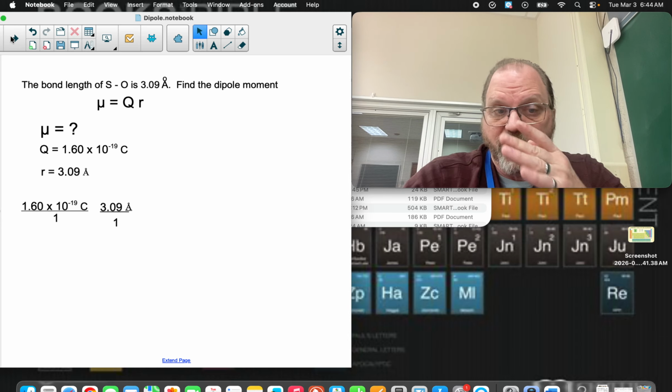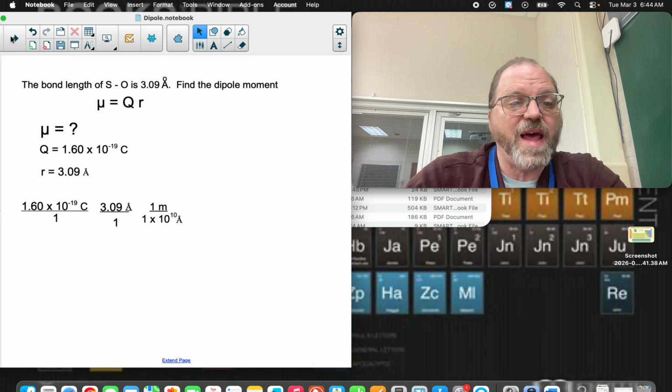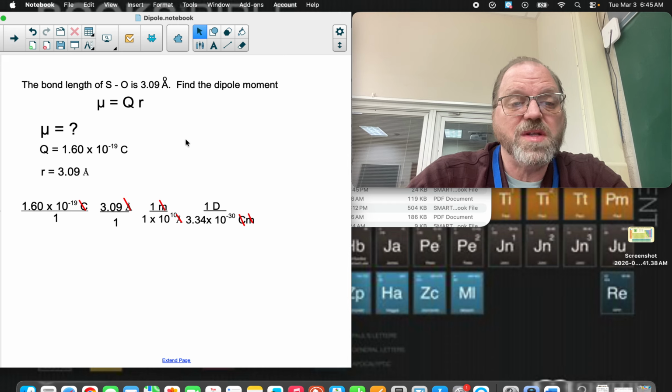Now, we need to get rid of some of these units. We said that 1 meter is 1 times 10 to the 10th angstroms, and that 1 Debye is 3.34 times 10 to the negative 30th coulomb meters. So when we do that, coulombs cross out, meters cross out, angstroms cross out, leaving Debyes.